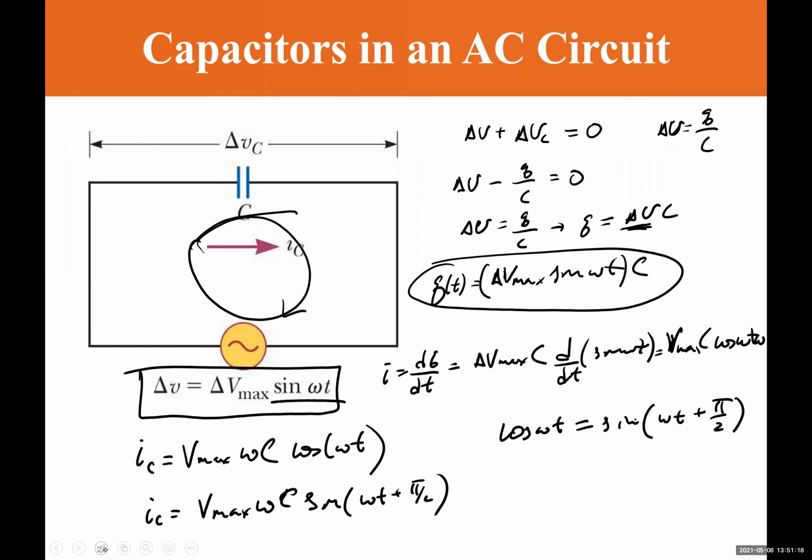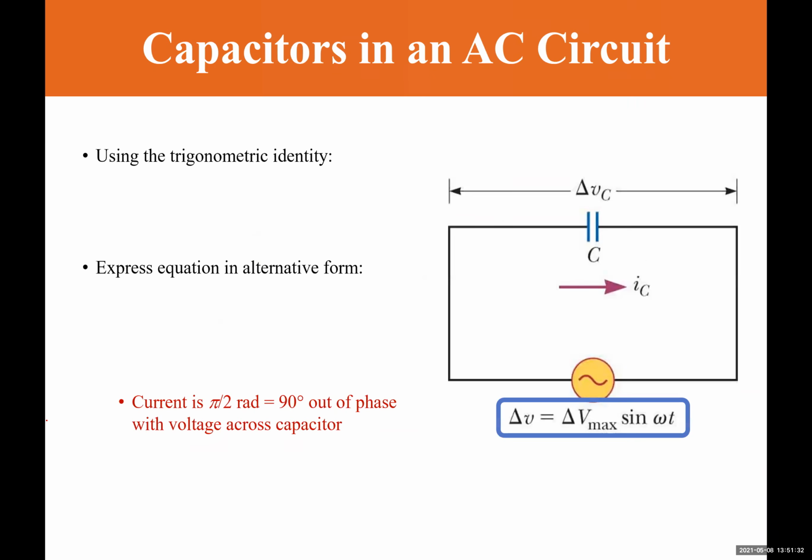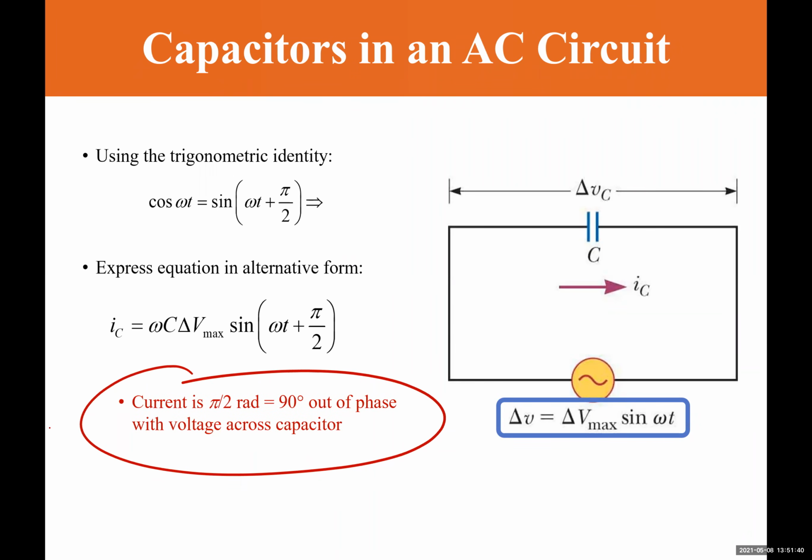So 90 degrees, or pi over 2 radians, out of phase for the voltage and the current, which means the voltage across the capacitor is out of phase from the current by exactly pi over 2.